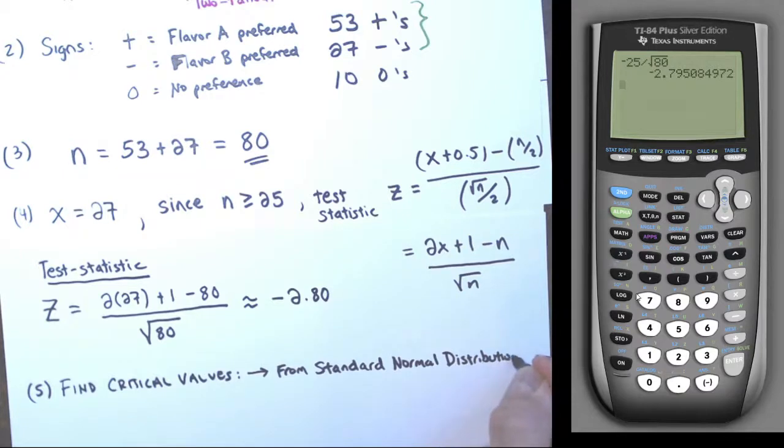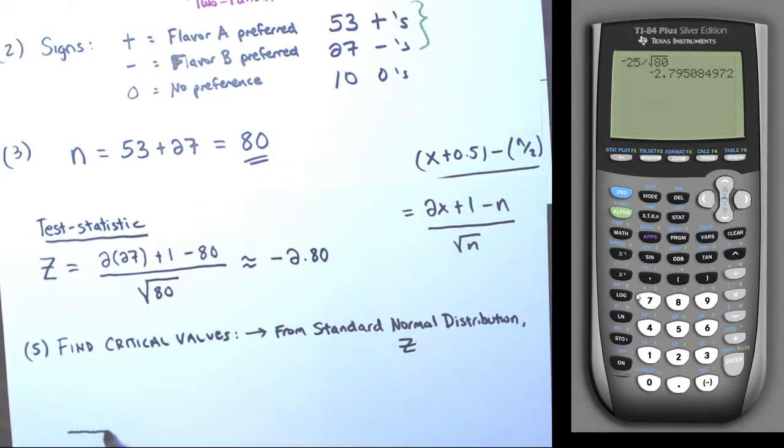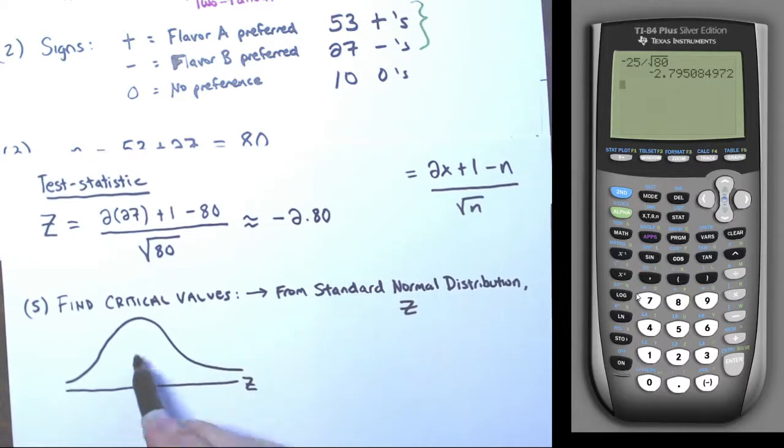That z distribution. There are a couple ways you can do this. Remember, for the standard normal, if you drew a little picture with a bell-shaped curve, the mean was 0 and the standard deviation was 1.